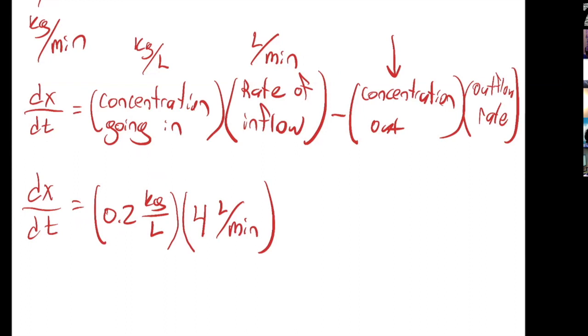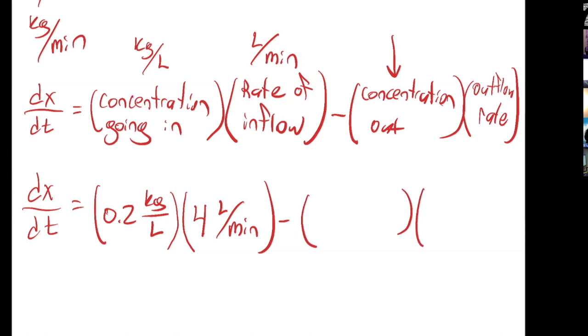And there's no reason why we couldn't consider other cases where the inflow is changing with time, and then that term might depend on time. We haven't seen any of those just because solving them is trickier. And then we've got the concentration flowing out.